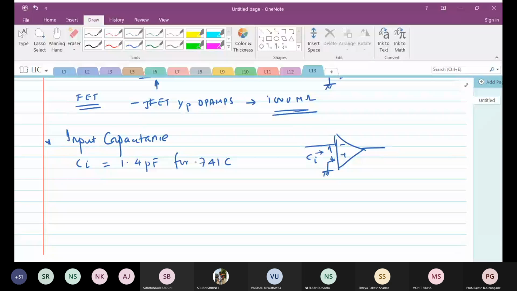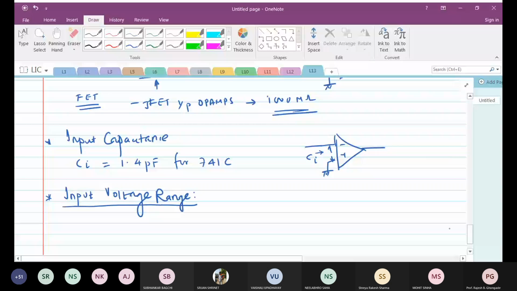Now there are other things which we'll see. Another important parameter is the input voltage range. What is this input voltage range?